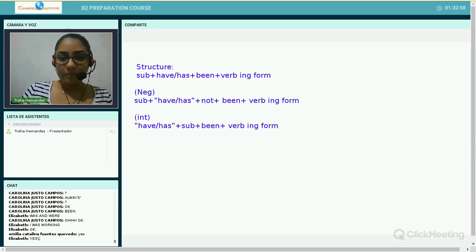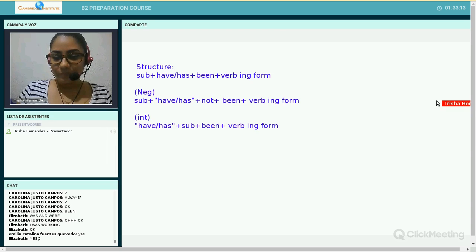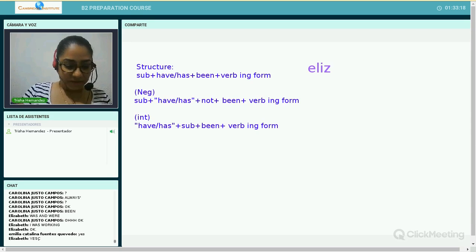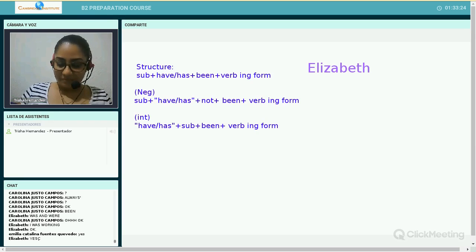I'm going to help you and write your names here for you. Okay, this is for Elizabeth. You like purple, Elizabeth? Okay, and you give me your three examples.